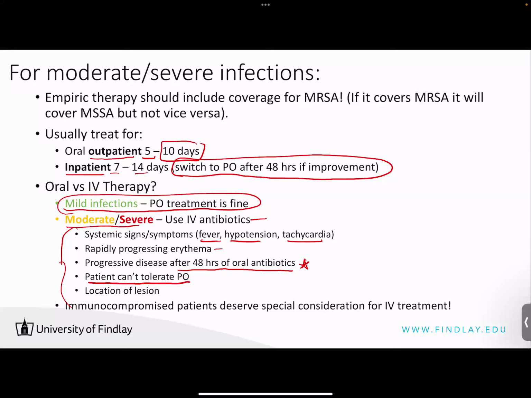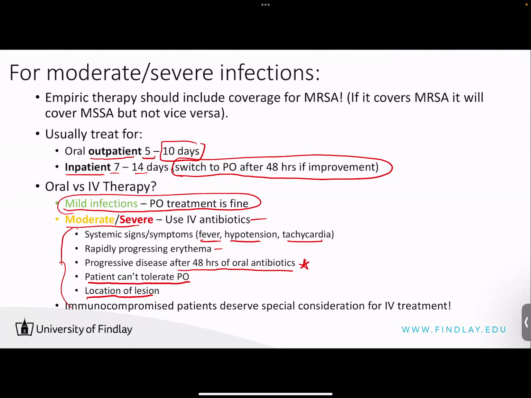Individuals who can't tolerate oral. If your patient's NPO or they can't tolerate oral antibiotics, well, what choice do you have? Give them IV antibiotics. And the location of the lesion. Again, we talked about this a little bit. If I have a lesion on my thigh and I have a prosthetic knee, that's scary, because the last thing you want is that prosthesis to get seeded and develop a prosthetic joint infection.